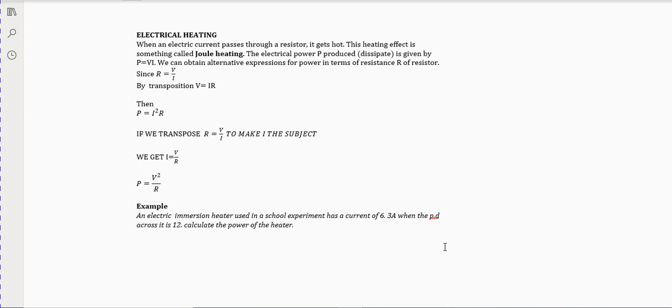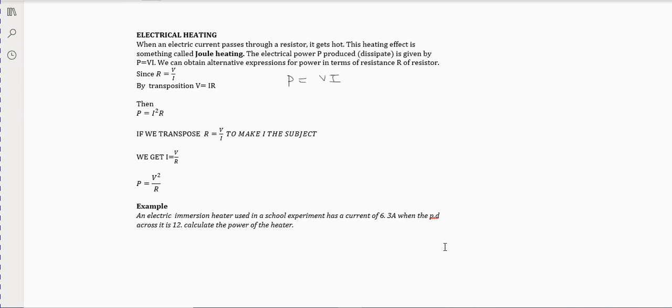To find the power generated by allowing current to flow through a resistor, we use the formula P, which stands for power, is equal to voltage times the current. I think we probably would have come across this already in some aspects of our CSEC course.